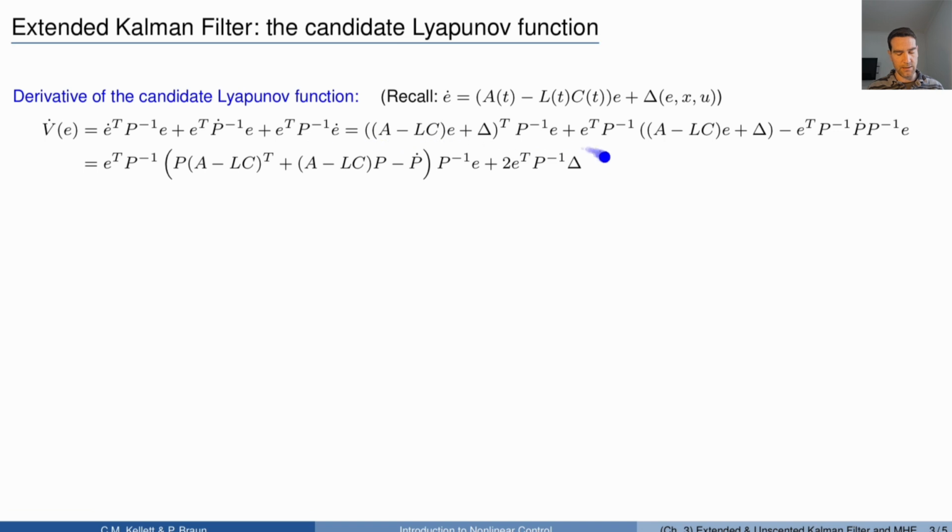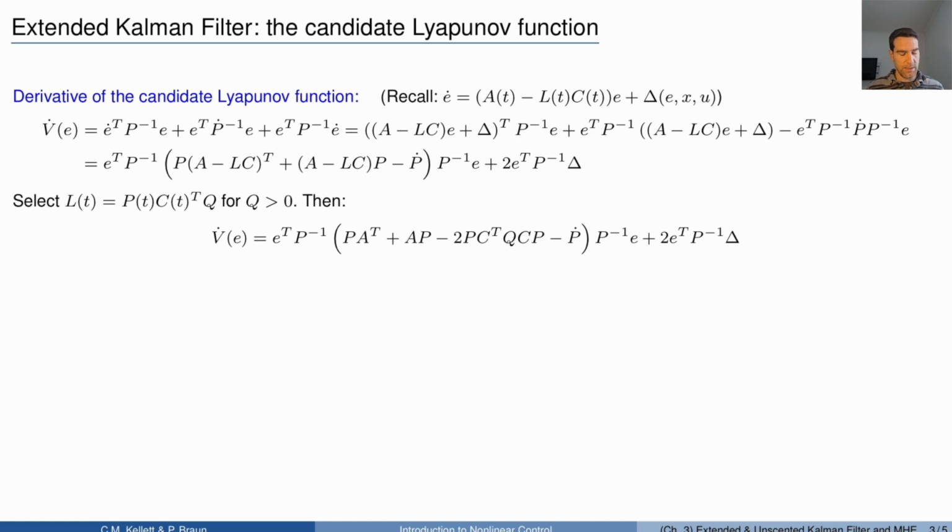And then finally we end up with this expression here, meaning a quadratic term with e transpose and a time-dependent matrix in the middle, and then a term depending on our error term here.